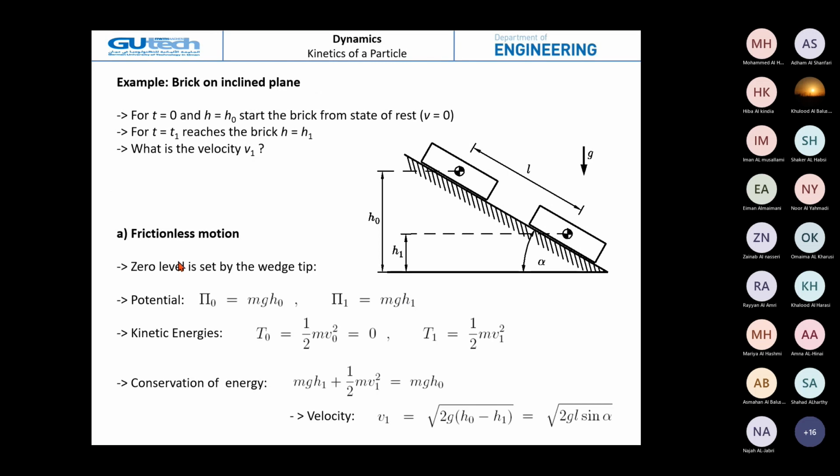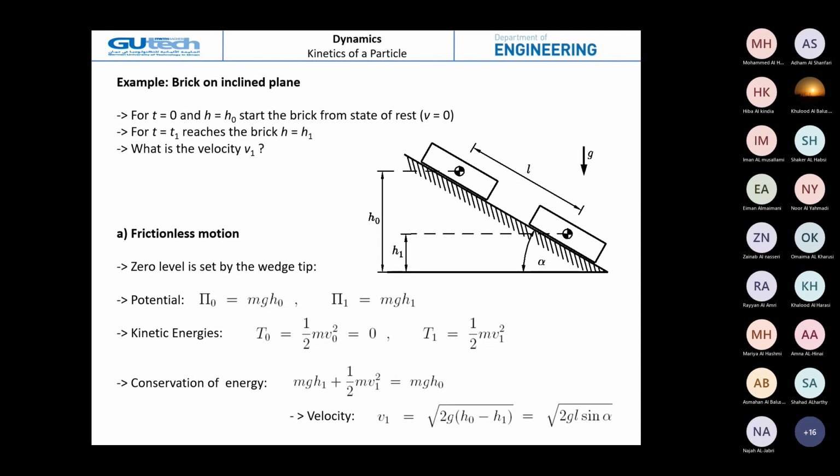Then the zero level is set by the wedge tip. That means we put the zero level somewhere here where it's fixed. As I said, the zero level you always have to choose. Zero level means there is no potential energy, there is no height, no distance. When you multiply the force by the height, for the zero level it's zero.